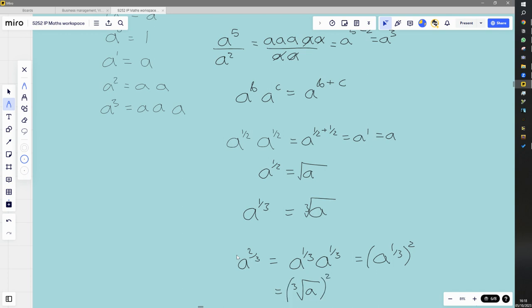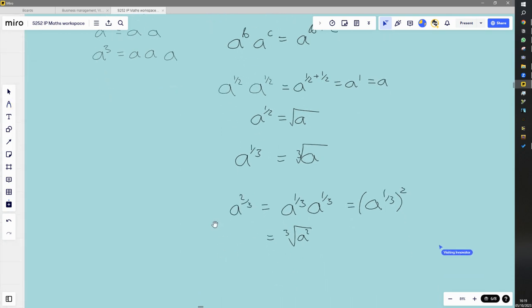So you could put the square here, but you could also put the square here. I won't go into detail why that ends up being the same thing. It doesn't matter if you cube root it before or afterwards, but I feel like that's going a bit of a tangent. But that's what it means.